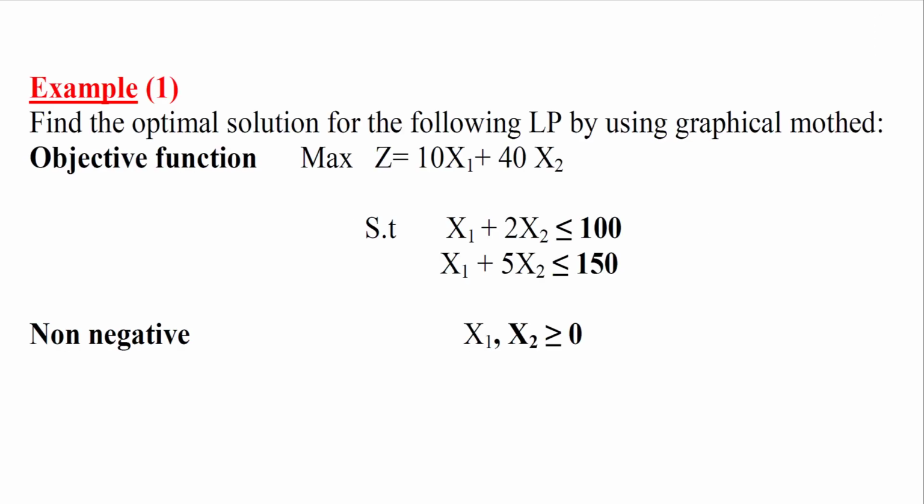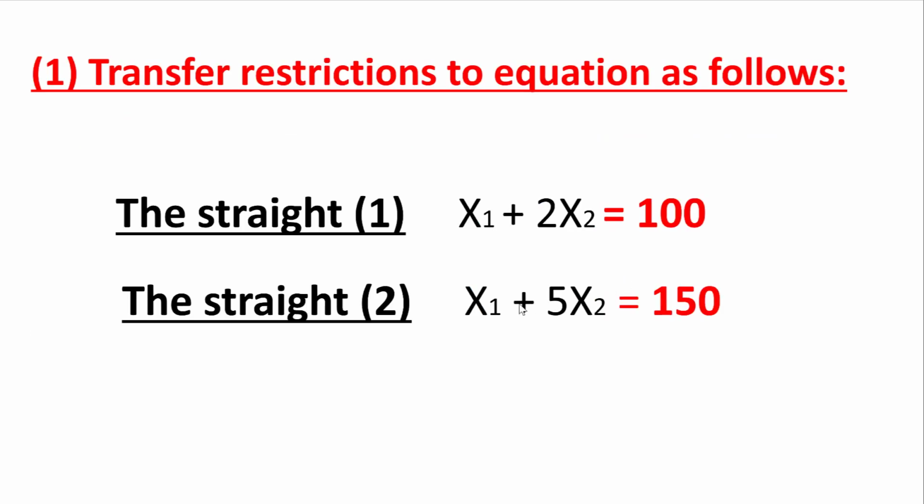The same procedure we will do with constraint 2: x1 plus 5x2 less than or equal to 150 will be x1 plus 5x2 equal 150. This is step 1.